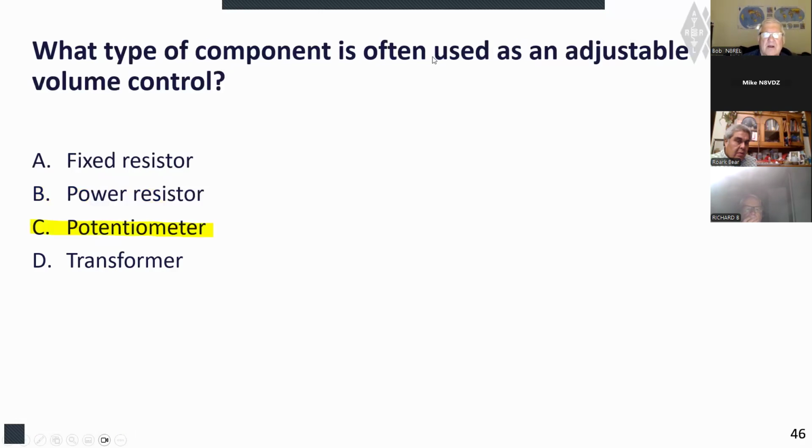What component is often used as an adjustable volume control? That's a variable resistor, also called a potentiometer. And old timers will sometimes call those pots. But potentiometer, variable resistor.